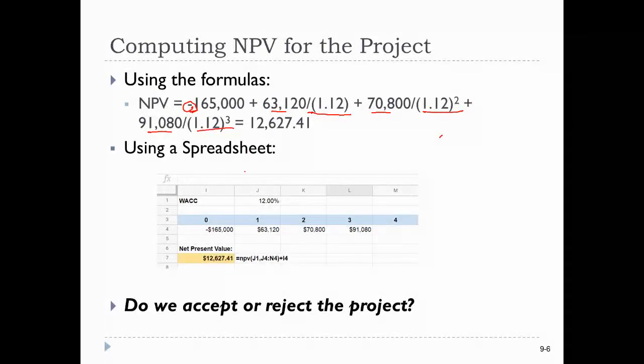If you didn't have a financial calculator or a spreadsheet, you could answer the question this way, and this answer is correct. I see a positive number here. The result comes out without a minus sign attached.